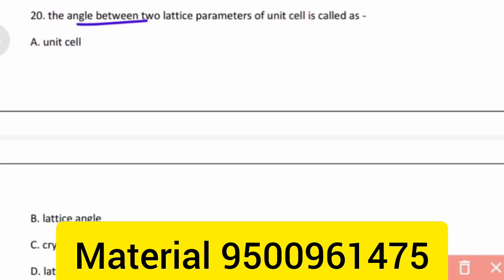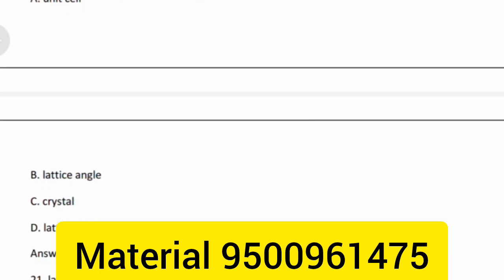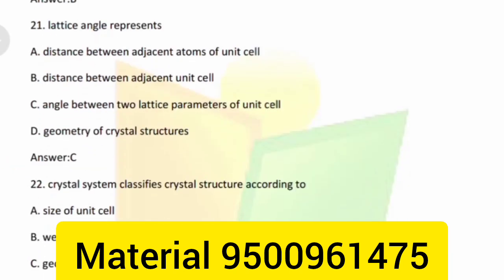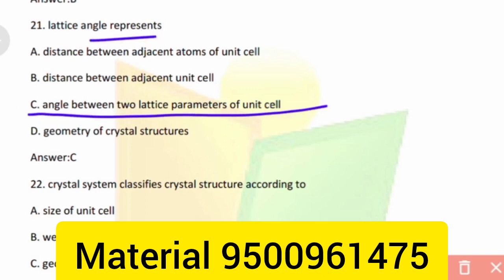The angle between two lattice parameters of a unit cell is called lattice angle. Lattice angle represents the angle between two lattice parameters of a unit cell.